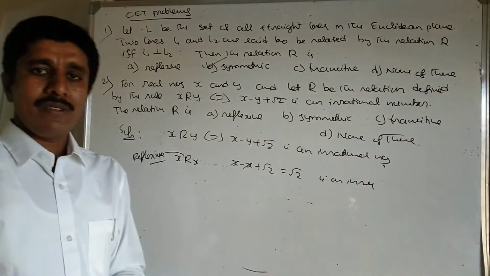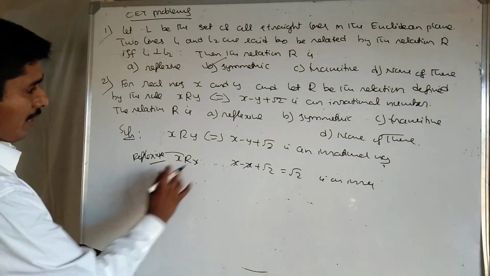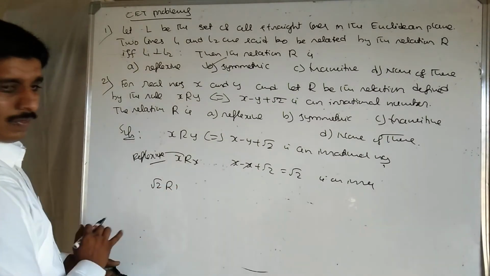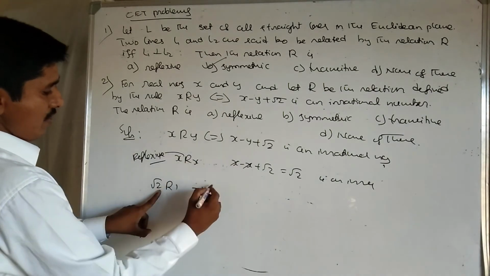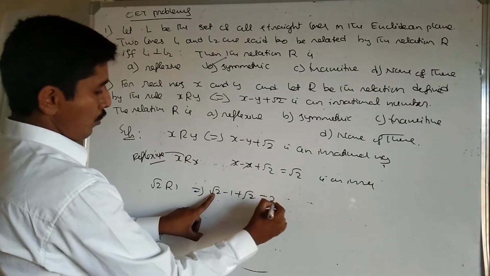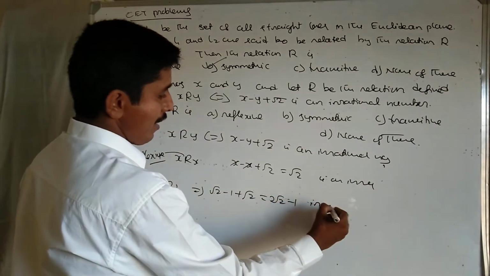And if you want to verify whether it is symmetric or not, take like this. Suppose root 2 is related to 1, meaning x equals root 2, y equals 1. Root 2 plus root 2, 2 root 2, minus 1: clearly an irrational number.